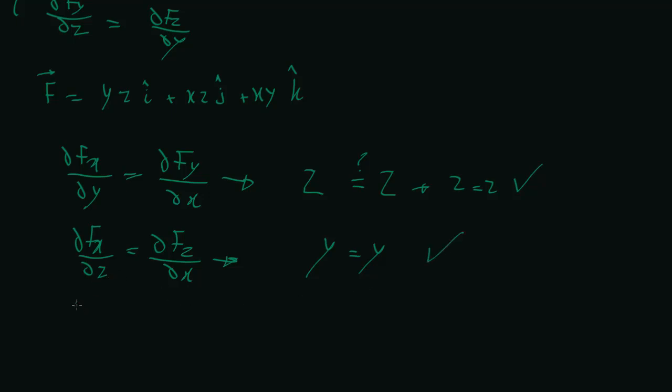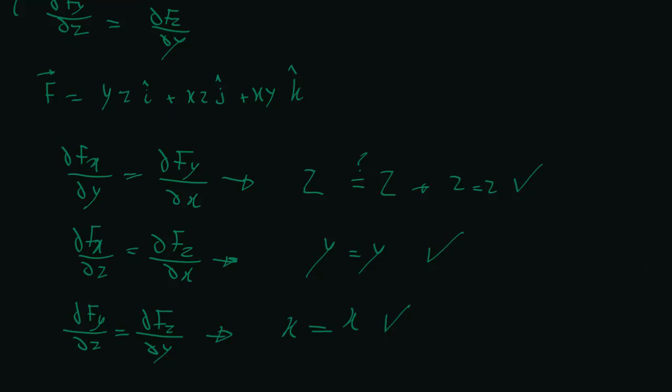The third Cauchy-Riemann condition is that the derivative of fy with respect to z is equal to the derivative of fz with respect to y. The derivative of the second component with respect to z is x, and the derivative of the third component with respect to y is also x. Yes, it is equal. So x is equal to x. All three conditions are true. All the Cauchy-Riemann conditions are true.